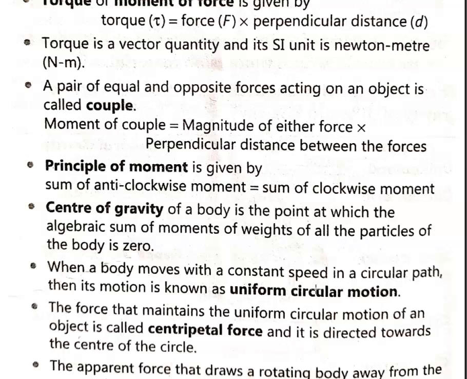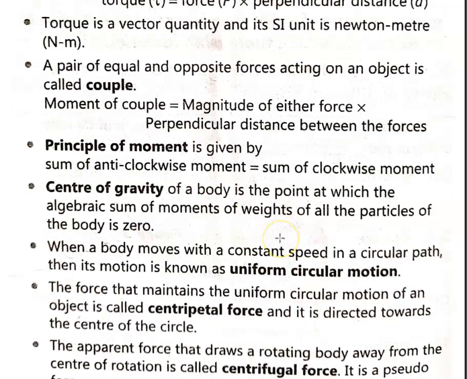So the total sum of all the anti-clockwise moments should be equal to the total sum of all the clockwise moments. When we say sum, that means there can be a number of forces acting on the left hand side and a number of forces acting on the right hand side. The sum total of all the moments of forces on the left hand side should be equal to the sum total of all the moments of forces on the right hand side.